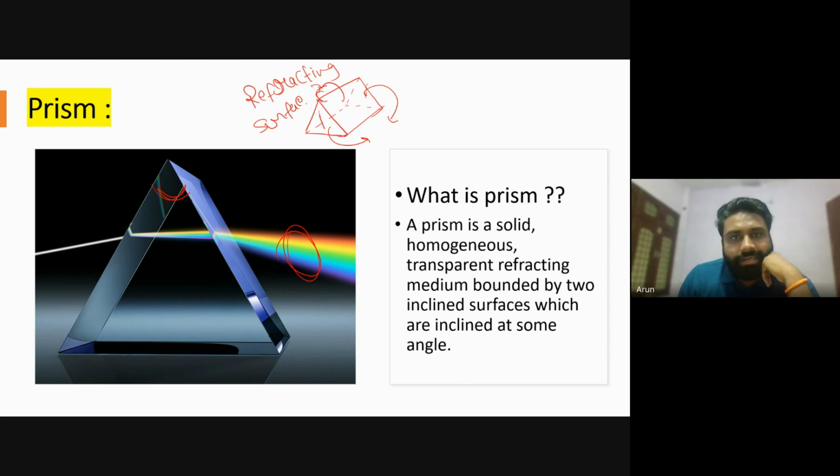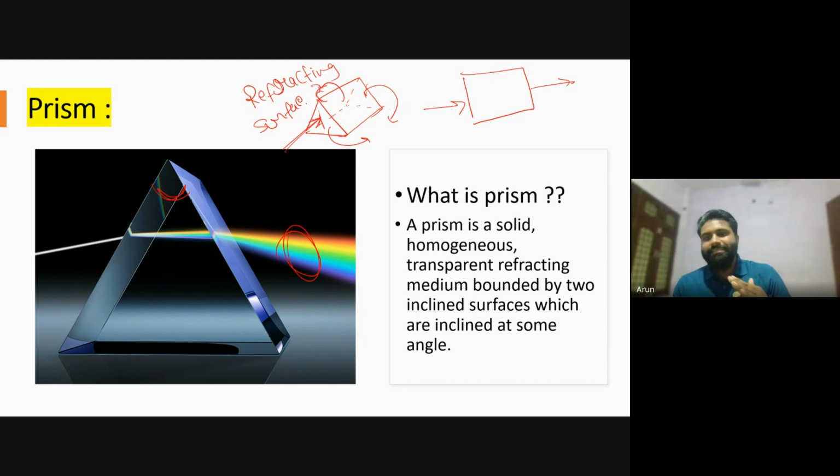So if you put a light in this direction, it will behave as a glass slab to you. So for a prism, it is a must that the surface from where the incident ray is entering is somehow inclined with the other surface.